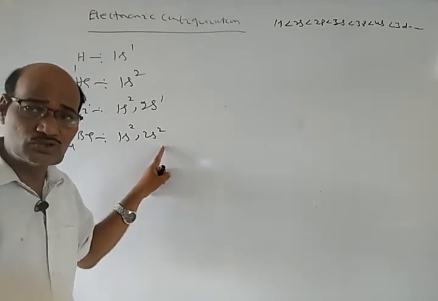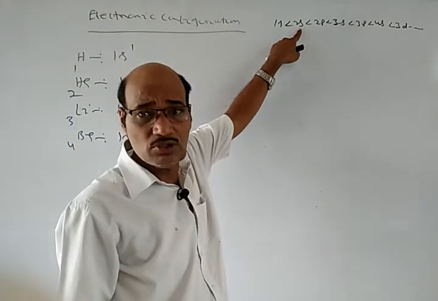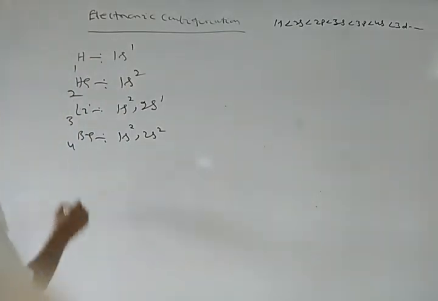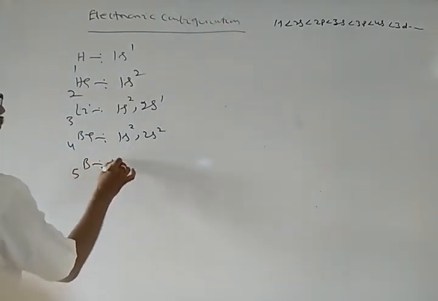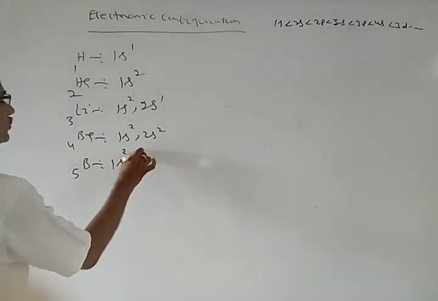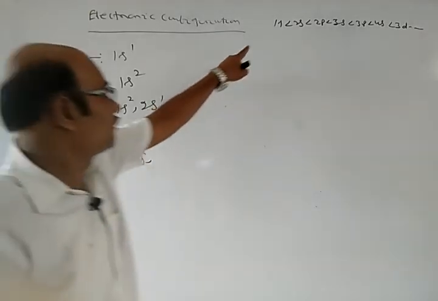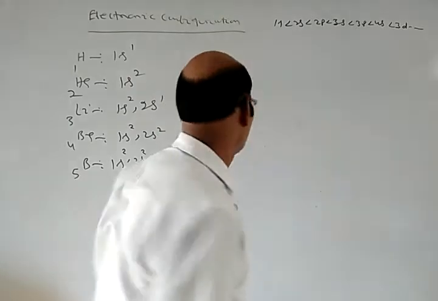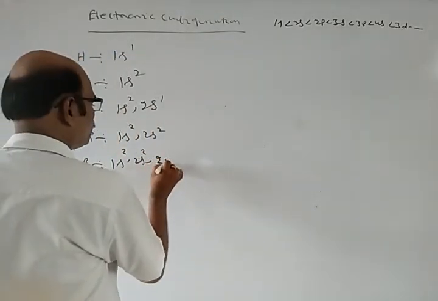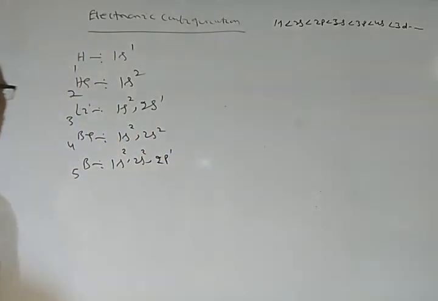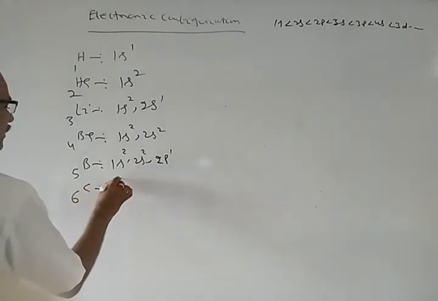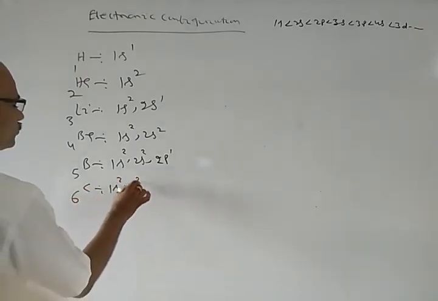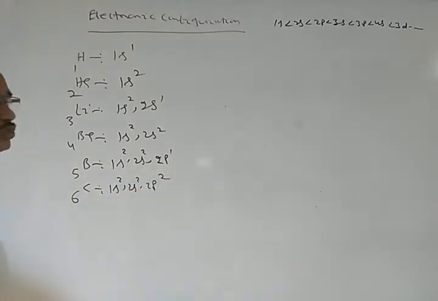So up to 1s there is 2s. Boron 5, 1s2, 2s2, then after this we have 2p. 2p1.